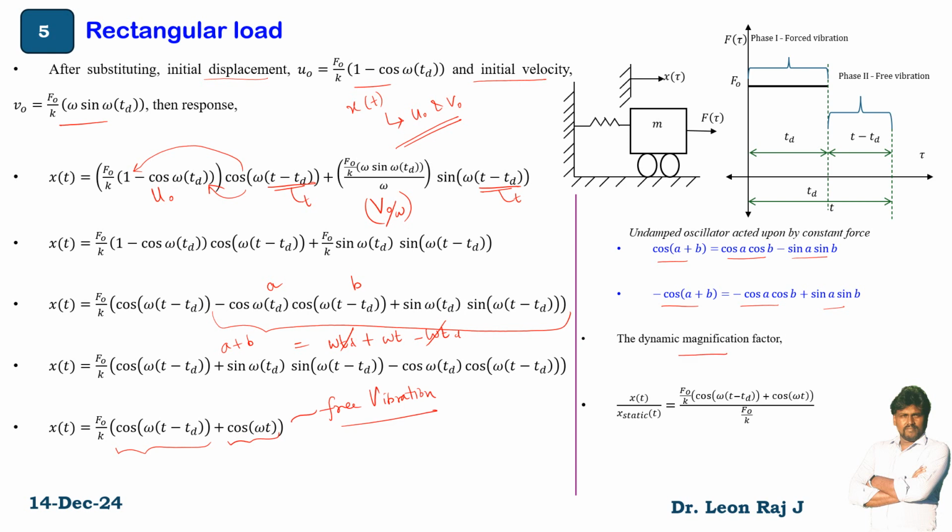Your dynamic magnification factor is nothing but f0 by k, and f0 by k get cancelled. So your response ratio is nothing but cos omega t minus td plus cos omega t for t greater than td. For the free vibration response, your response is cos omega t minus td plus cos omega t.